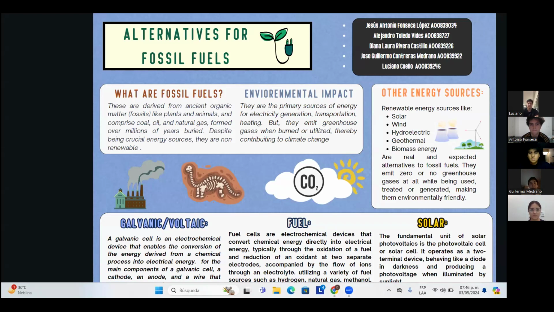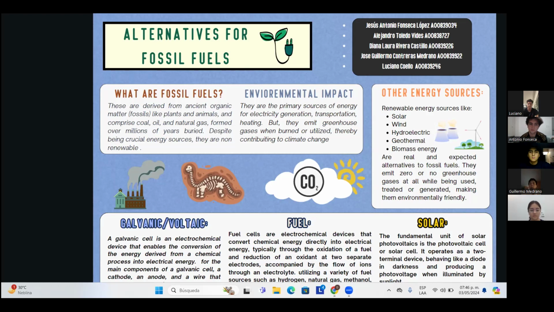So, what are fossil fuels? These are derived from ancient organic matter coming from animals and plants and comprise oil, natural gas, and coal, and are formed over millions of years rooted in the ground.